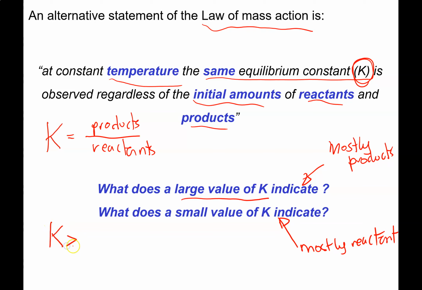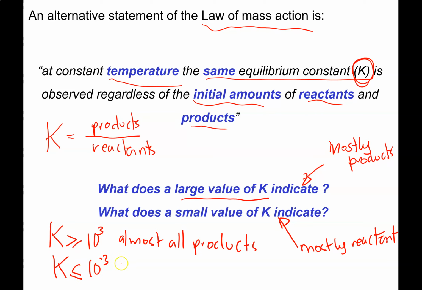If K is greater than or equal to about 1,000, it's almost all products. If K is less than or equal to about 1/1000th, it's almost all reactants. And in the middle, you're going to get varying mixtures of products and reactants.